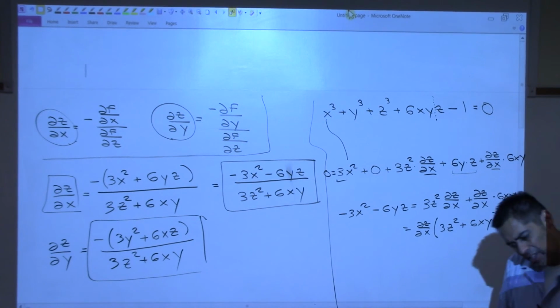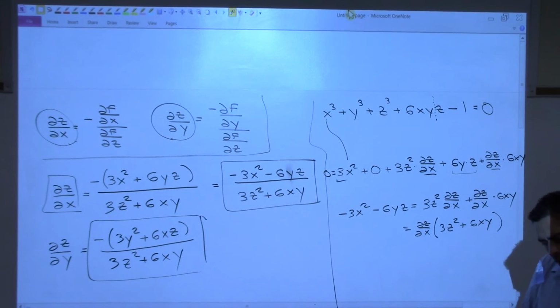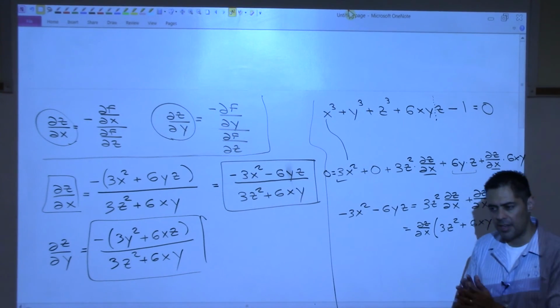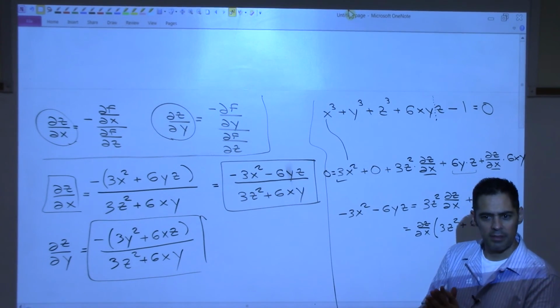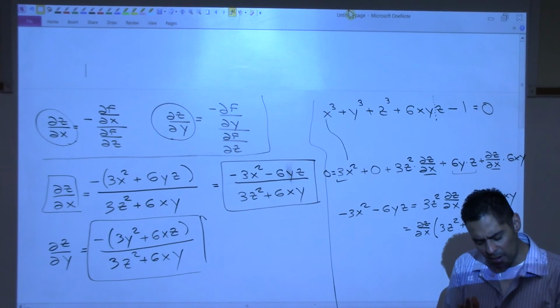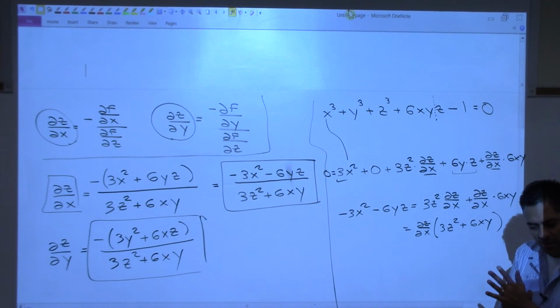Number 1 on the take-home. Okay, so on number 1, you're looking at a domain problem, sketching the domain. I think that's straightforward. There's no magic to that. Number 2 also is just practicing some partial derivatives.